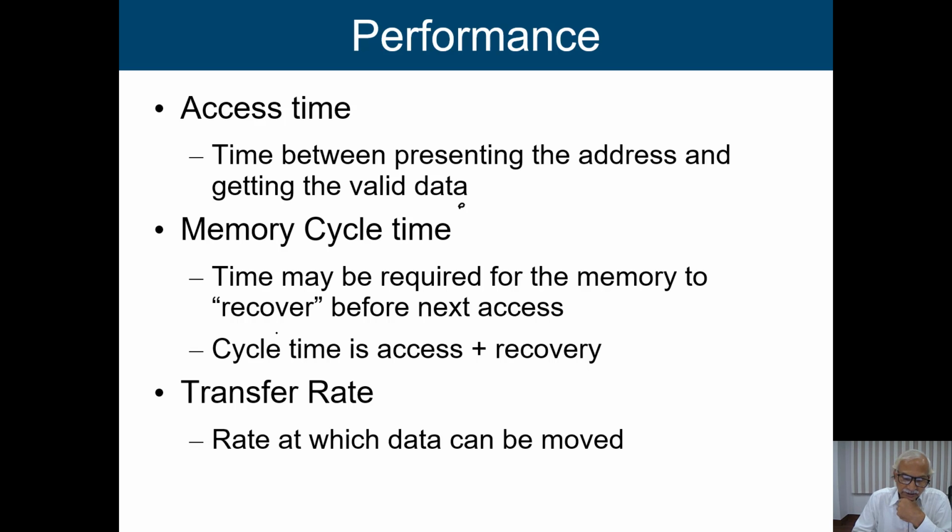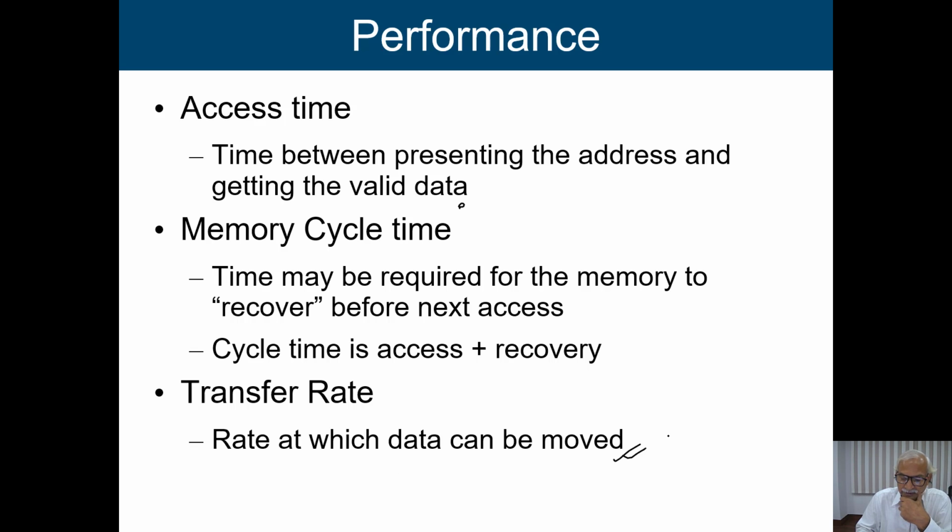Then memory cycle time: the time that may be required for the memory to recover before the next access. We are doing one read write, and again we have to go for the next access, so for that we have to give some intermediate gap. Cycle time is basically access time plus this recovery. And transfer rate is the rate at which data can be moved.